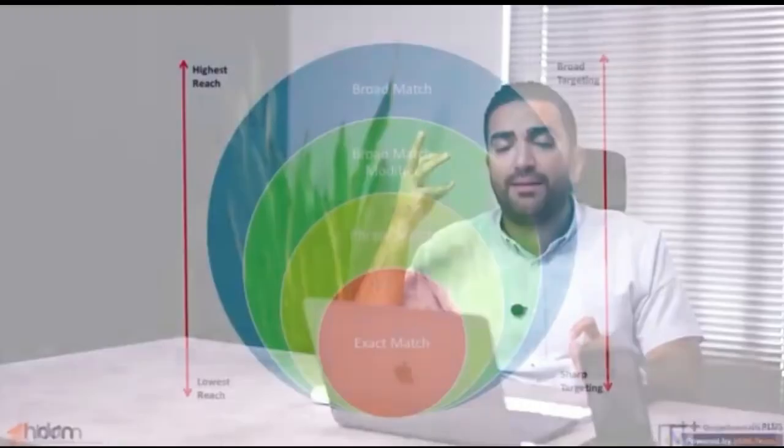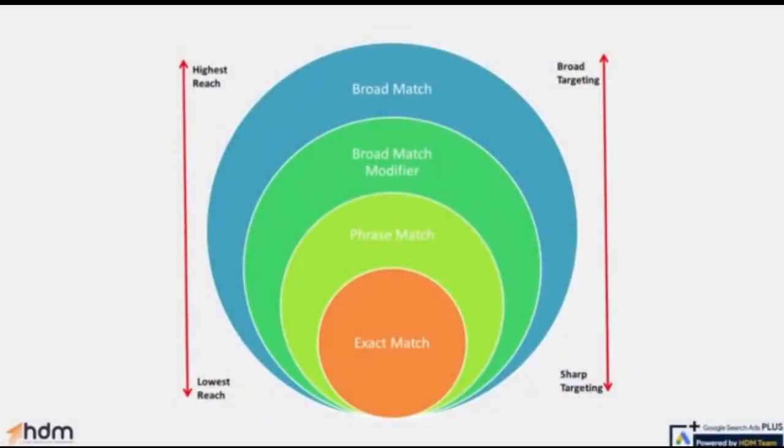Guys, in the new keyword match types, you practically have only 3 match types. One is exact match, one is phrase match, and one is broad match. The point is that the broad match modifier, which you now see here with a green circle, has been completely removed from the keyword match types and is no longer going to work.